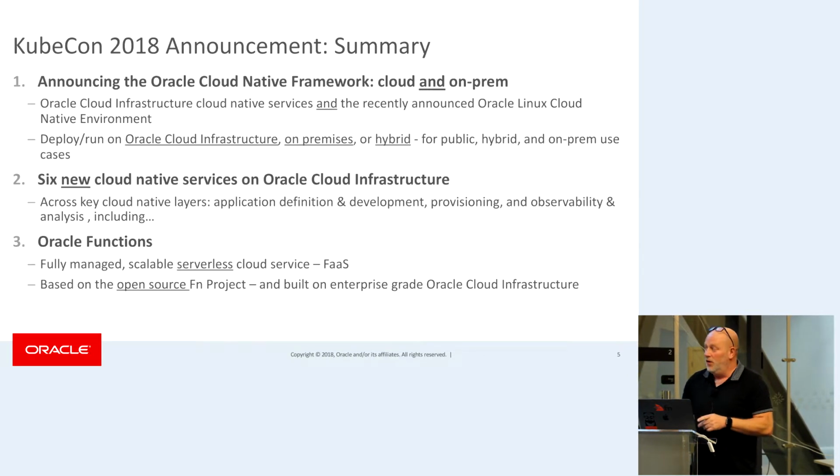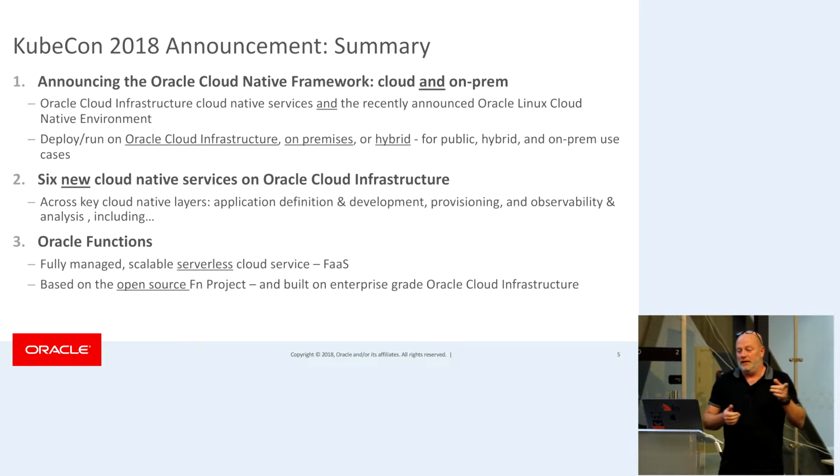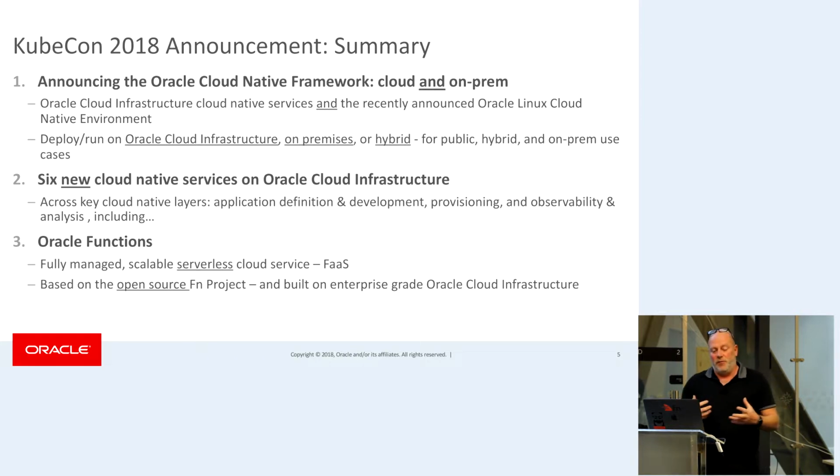So what we did at KubeCon in December is basically announce a couple of things. One was this cloud native framework, which allows us to take advantage of Oracle Linux and its Kubernetes support to be able to say, right, we've now got a sensible framework for being able to deploy to cloud and to on-premise environments. So that was the cloud native framework.